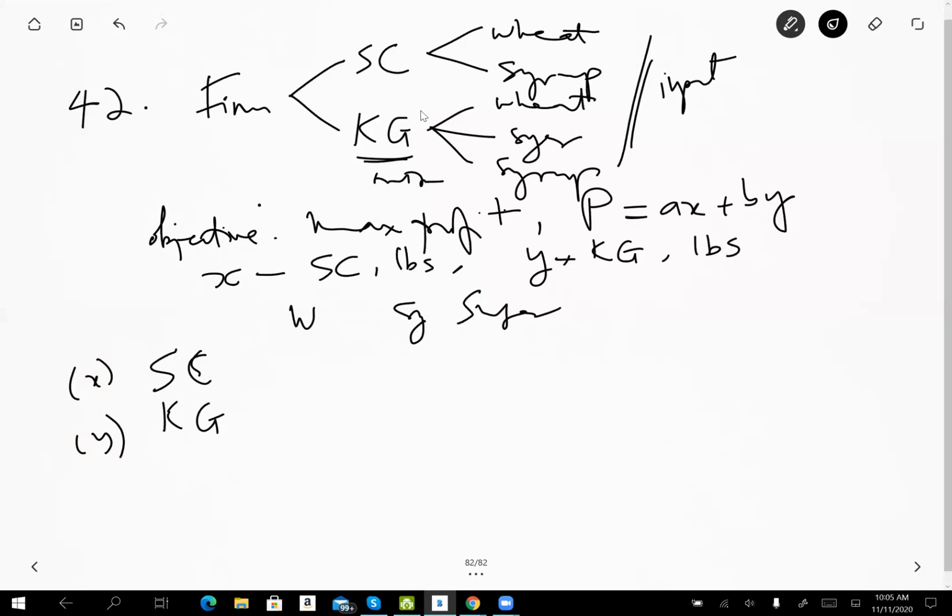What do we get? We get here 0.6, this is 0.2, 0.4, 0.2, 0.2. Of course, it is 0. Okay. So based on this, you already have the problem. All right. The problem is what? The problem is to maximize the profit subject to these constraints.